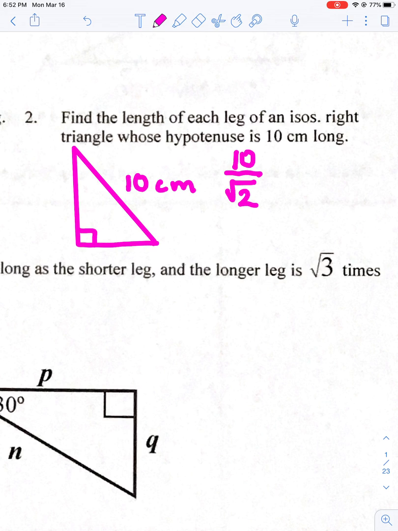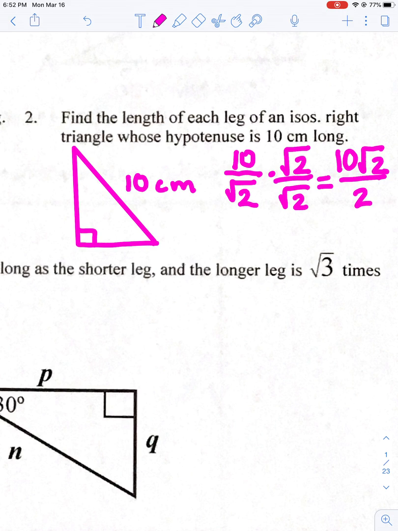Our answer always must be presented in rationalized form. So we would want to make sure that we're multiplying the top and the bottom by radical 2 to rationalize the bottom, essentially to get rid of the radical on the bottom. So we get an answer of 10 radical 2 over 2.